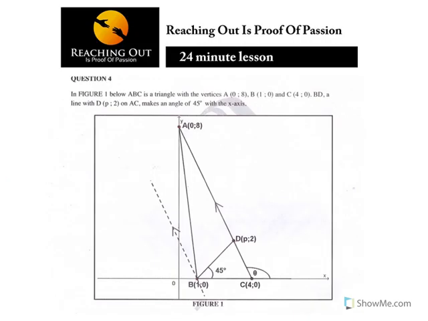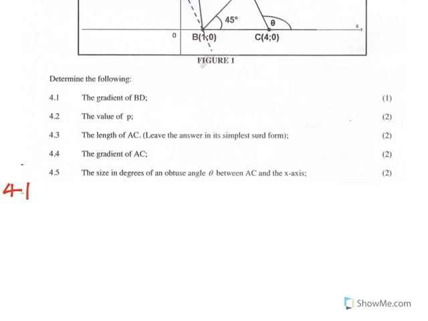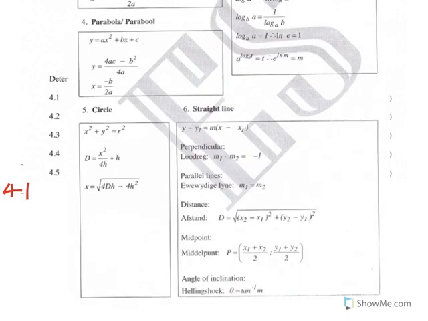Now, if we look at the gradient of BD, BD is the same one that they say had an angle of 45 degrees. If I pull out the formula sheet, as you can see, I'm using the formulas, and there is this one which says angle of inclination: theta is arctan of m.